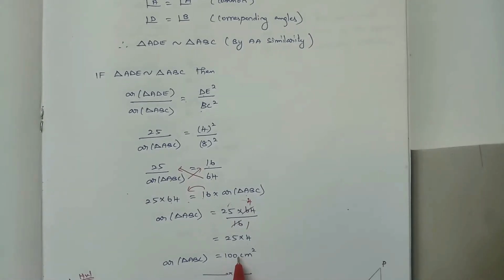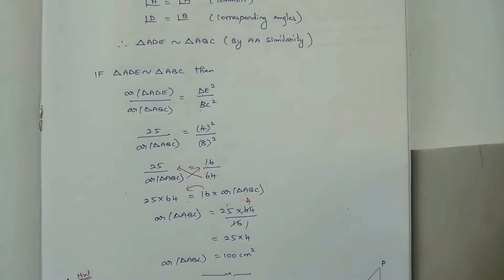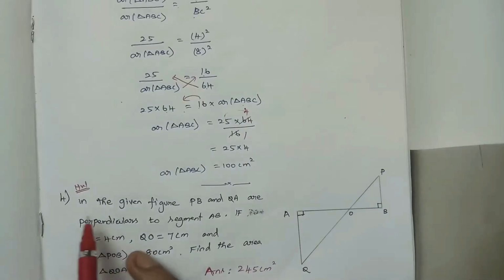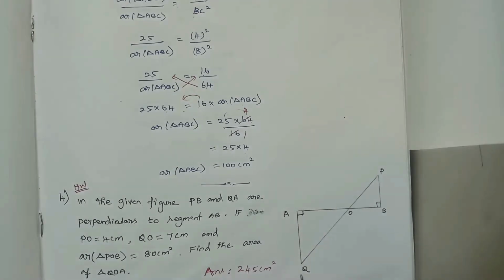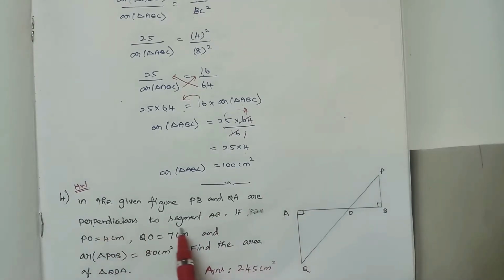Next sum, same model sum. Take it as homework, sum number 4. In the given figure, PB and QA are perpendicular to segment AB.